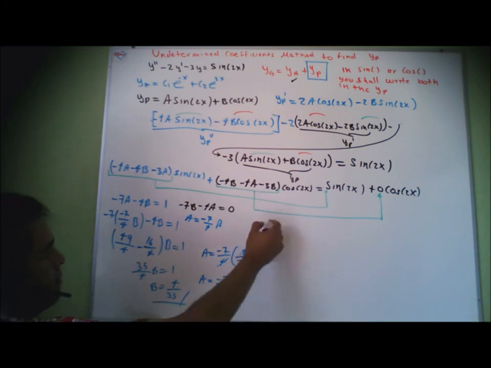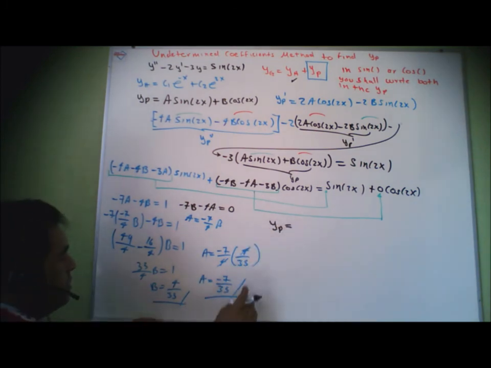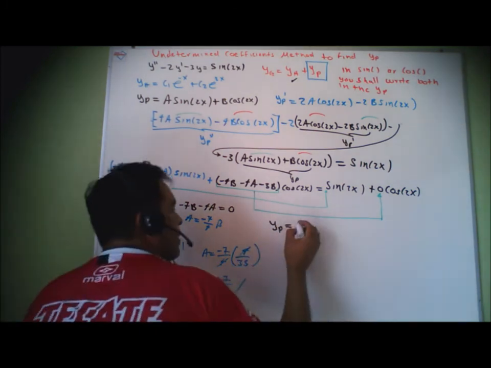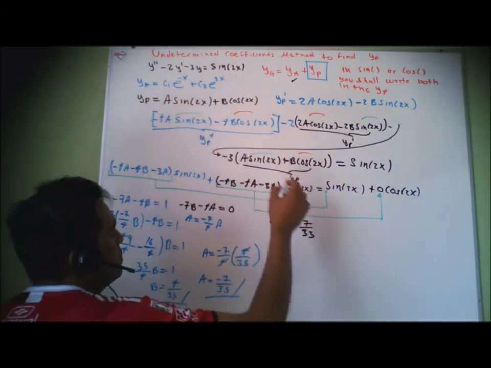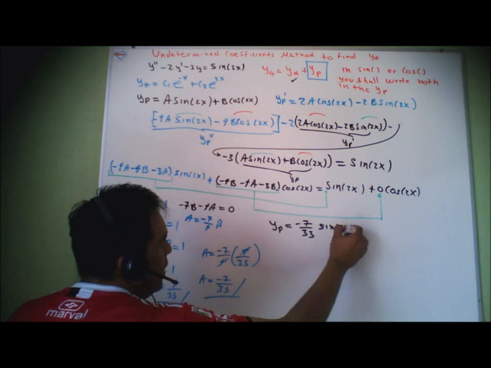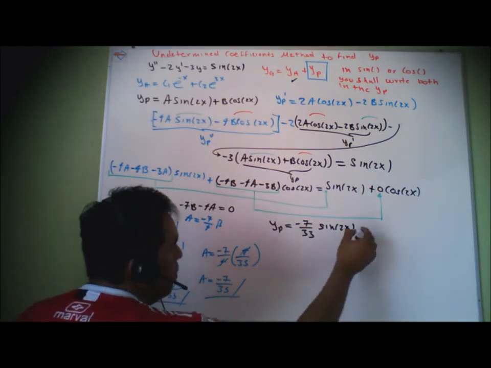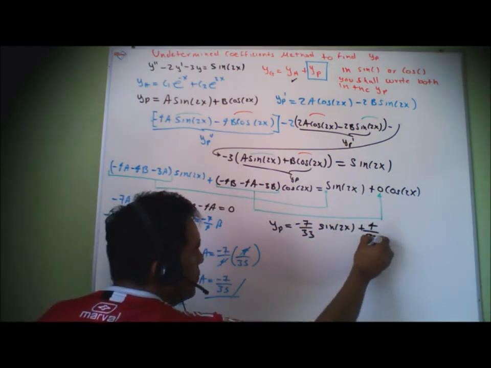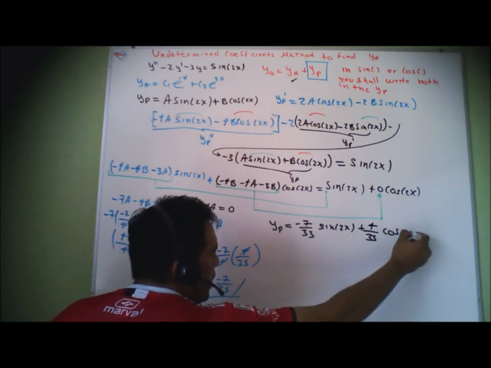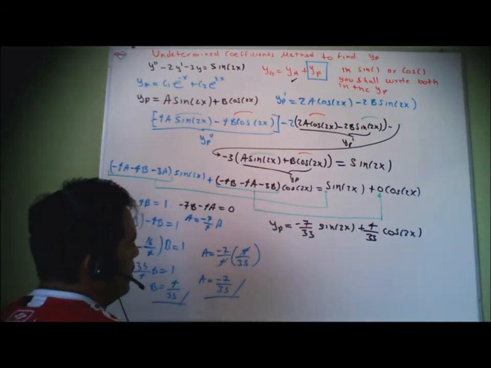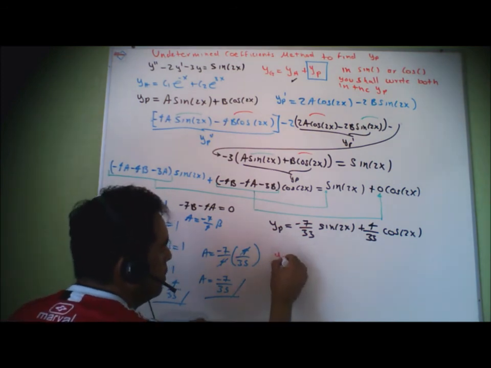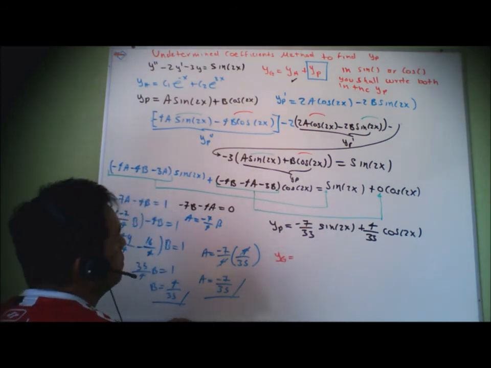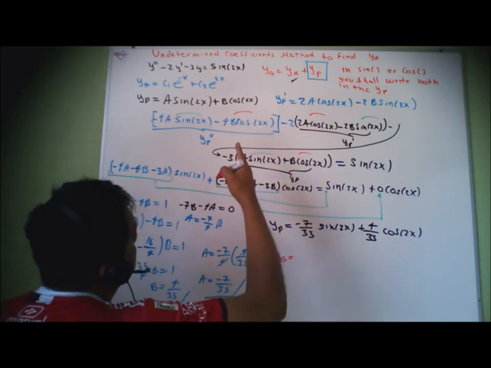So my particular solution is going to be minus 7 over 33 sine of 2x, and then plus 4 over 33 cosine of 2x. This is the particular solution, and the general solution then is the combination of the homogeneous plus the particular.